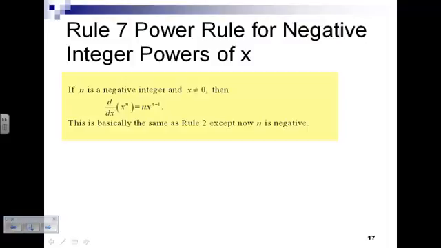I would like to find out the derivative of a function in the form x to the n, where n is negative. I am going to change this problem into the derivative of 1 over x to the negative n.